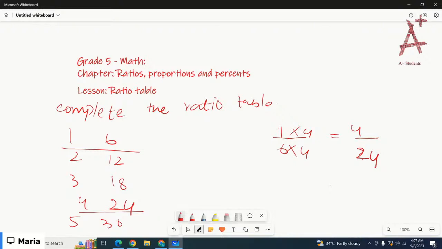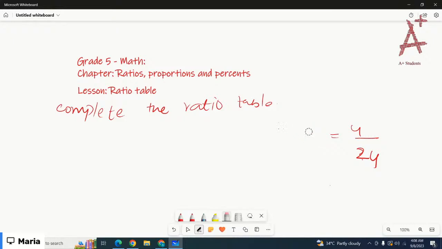Now I'm going to write another one on the board. You have to answer. Okay, I'm waiting for the answers from your side now. The next one is complete the ratio table. And the table is 5, 10, the missing value, 20 and 25.